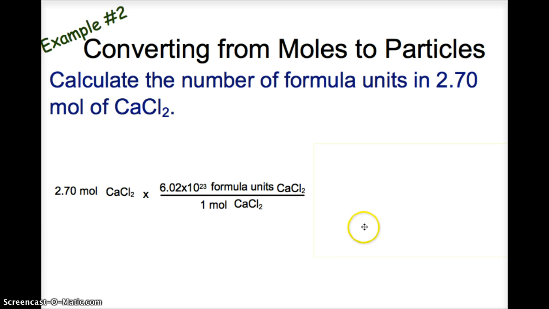When I do this work, I end up getting 1.6254 times 10 to the 24th. Again, that's what my calculator states, but that's not what I can report because I have to go back to the original term, and notice that there are 3 significant figures. Therefore, I can only report 3 significant figures in my answer. So the answer becomes 1.63 times 10 to the 24th formula units of calcium chloride.